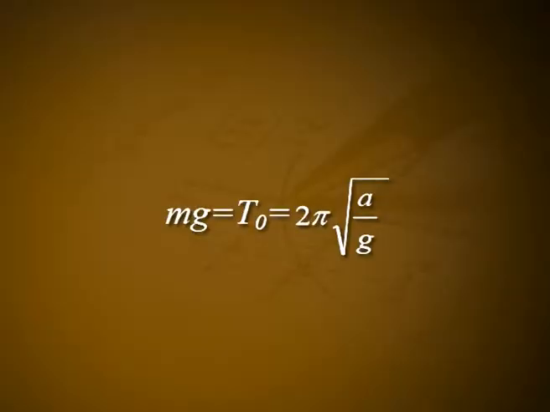This gives a simple harmonic motion with time period T naught, which is the same as 2 pi into root of a by g.